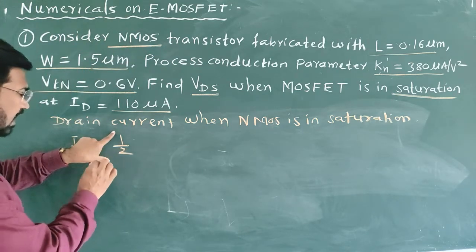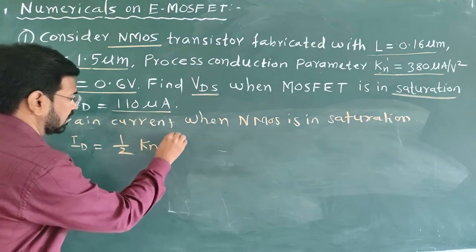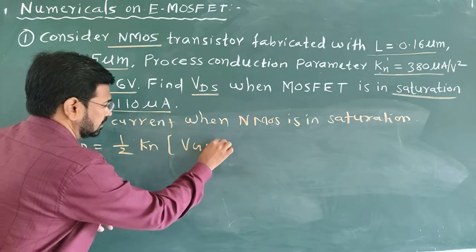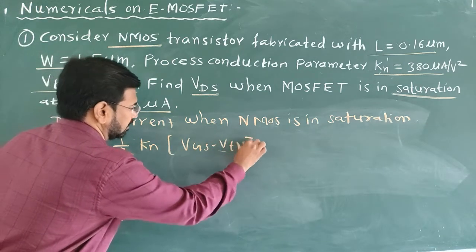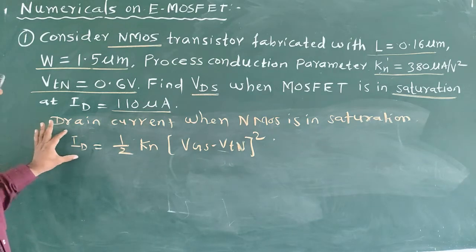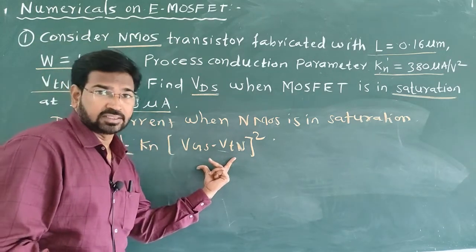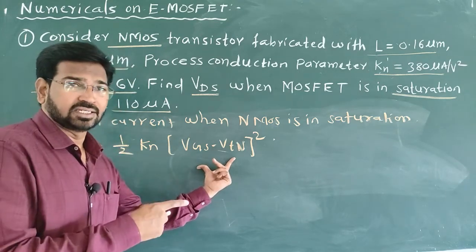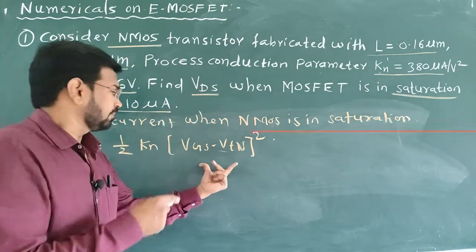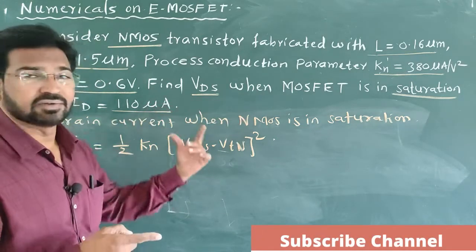Therefore, we are taking half here. So it is half Kn (Vgs minus Vtn) square. What is this voltage? It is the overdrive voltage of the transistor. The transistor is in on condition and the voltage on the gate is Vgs minus Vtn.